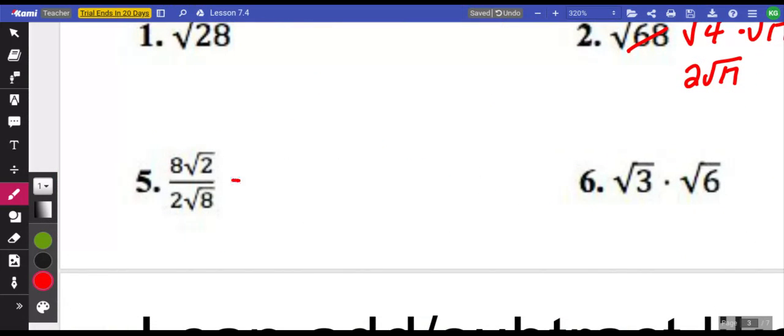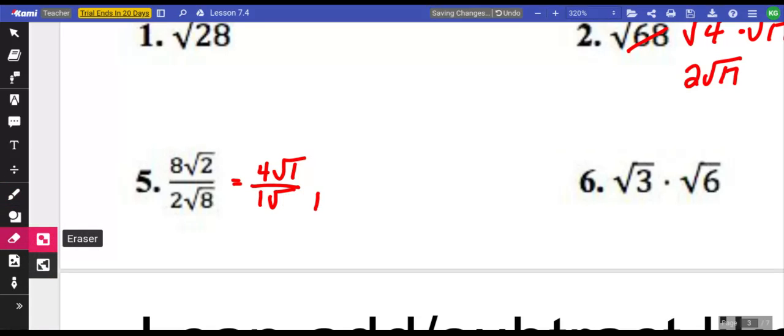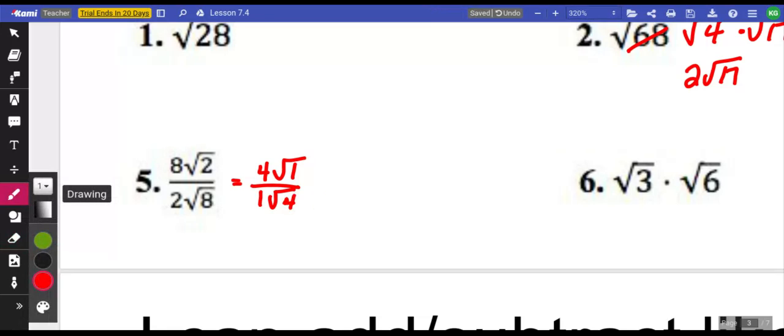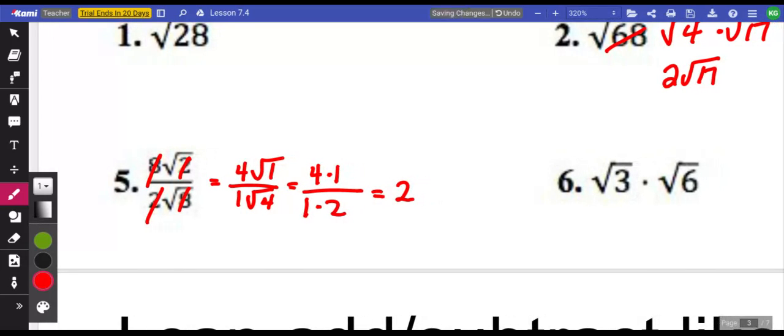On this one, I'm going to reduce the whole numbers and also reduce the roots. So 2 over 8 reduces to 1 over 4 with my square roots, and 8 over 2 is 4 over 1. And I can actually take the square root of everything here. And my final answer then by simplification would be 2.